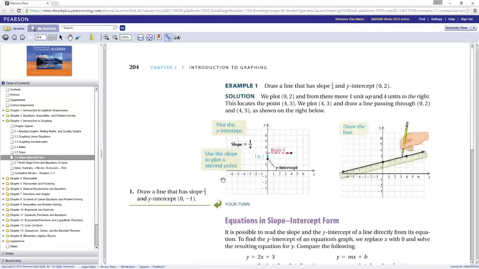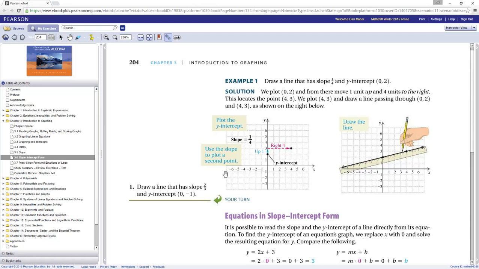If I knew a point that was a solution to this equation, and I knew the slope, I could say, well, where's the next point? I'm going to use the slope. If I have a slope of 1/2, that means I'm going to go up 1 and to the right 2 to give me my next point on that solution line.